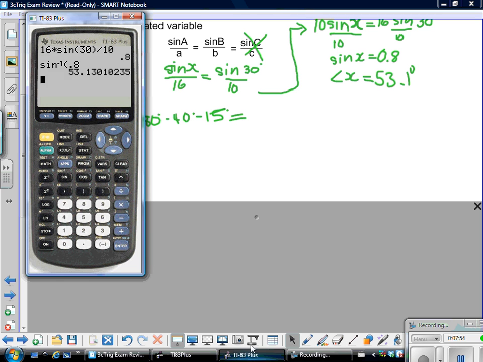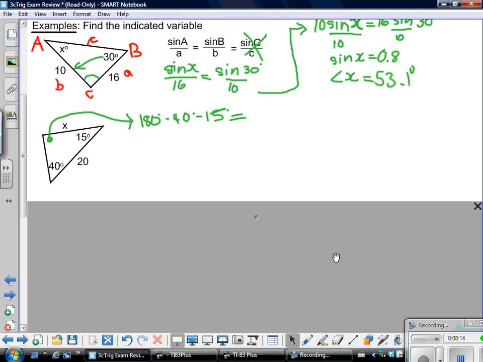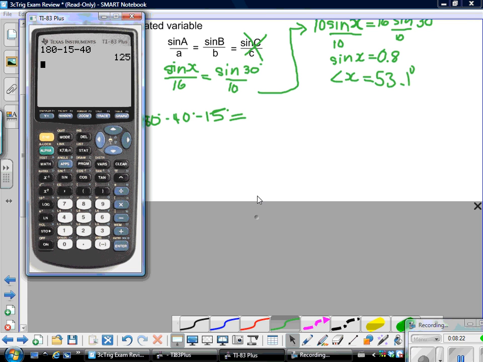I'm going to bring up the calculator so I don't mess up. 180, take away 15, take away 40, and voila, we get 125 degrees. Okay, so back to using a different writing utensil.